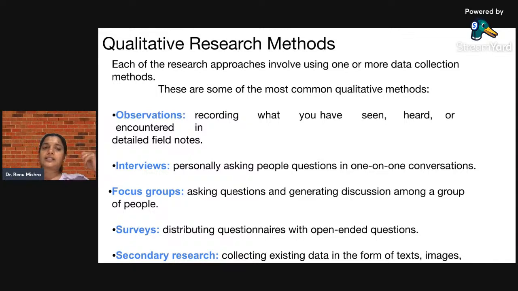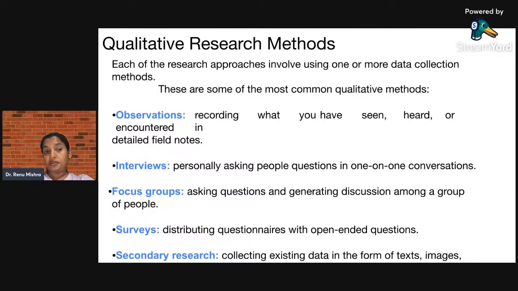In both of these there will be slight differences, because when they know you're not there, they'll not change their behavior. But when they know that you are noting down the information, there can be certain changes in behavior. Another method can be interviews, which every one of you knows, when you have a one-on-one conversation with your respondents on a certain topic.